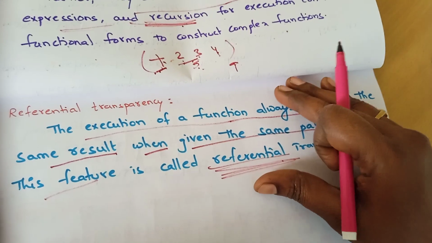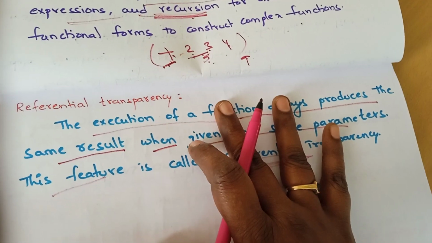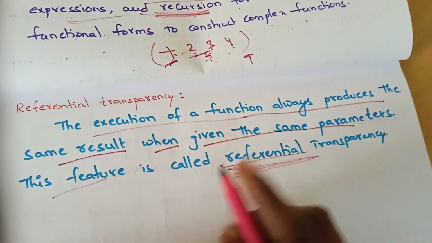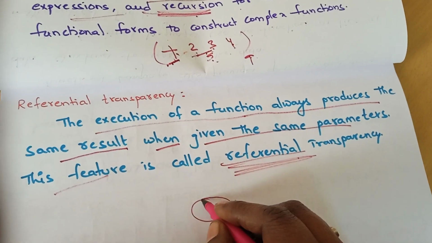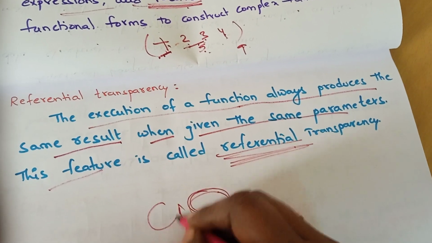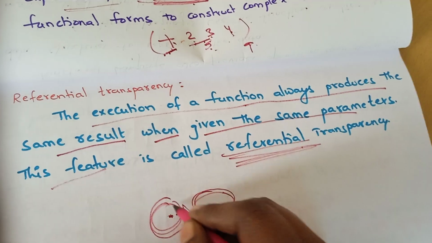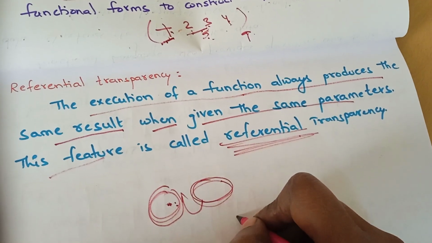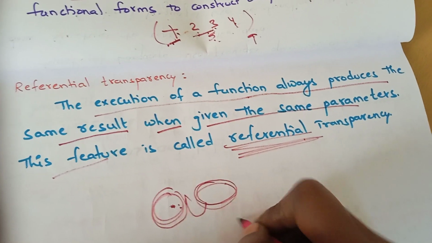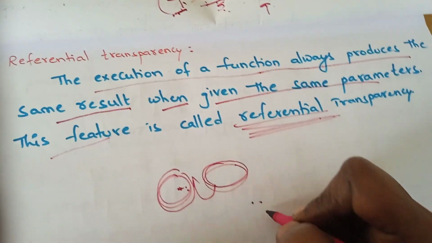If I apply the same concept on imperative, the result will not be the same. Correct? Because every expression evaluation will get stored into a variable, and this variable can also be a parameter to another function. So when a parameter changes, obviously the value will change.